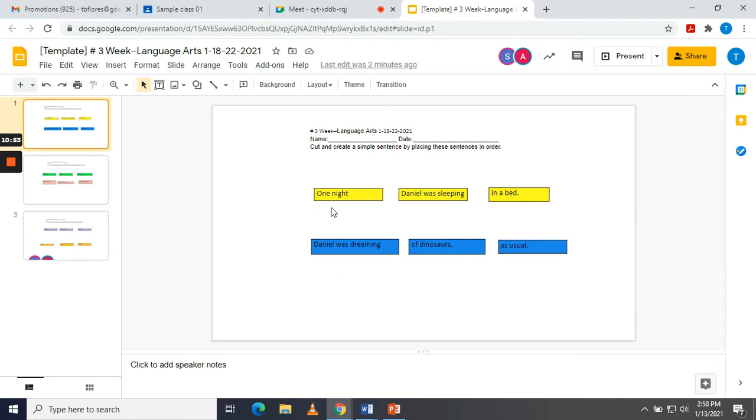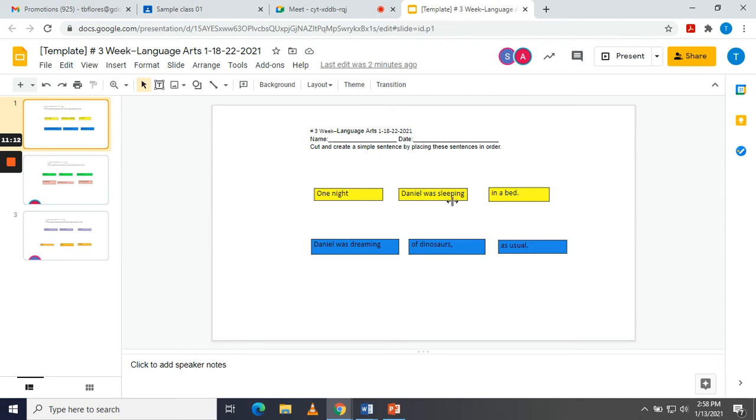So you can go ahead and create your words, changing it to a different font that you may like. You can also have the font larger if you like. Again, we're looking at the student's needs. So you can change the format of this if you like.